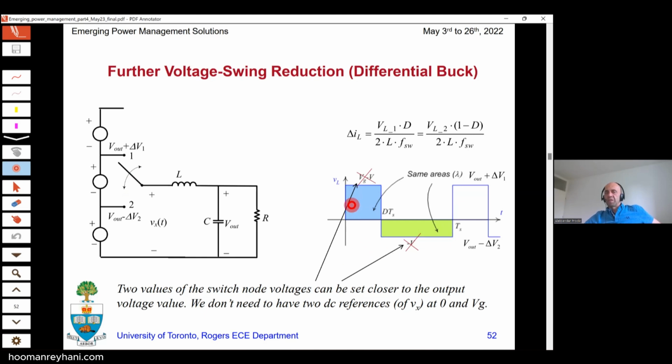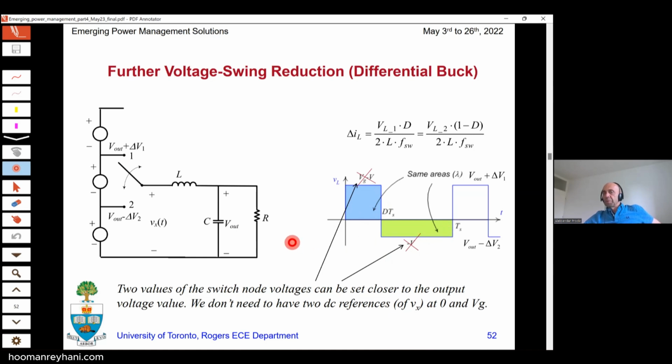If you do it, and if you think in terms of what we are achieving in terms of the voltage swing reduction, we will be reducing the voltages here at the top. So rather than, like for a conventional buck, having this voltage switching between VG and 0, we can have two new values, for example, somewhere here and somewhere here.